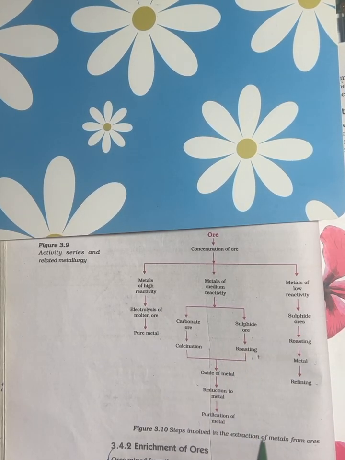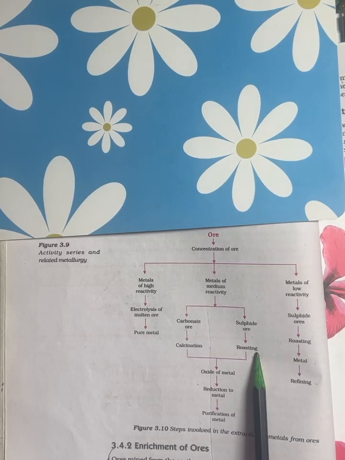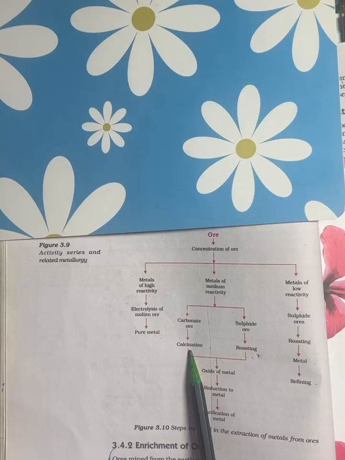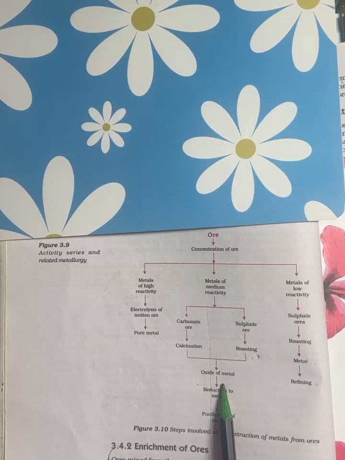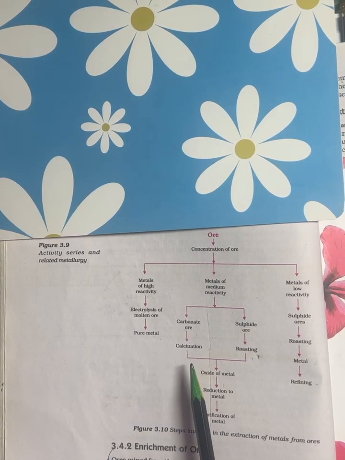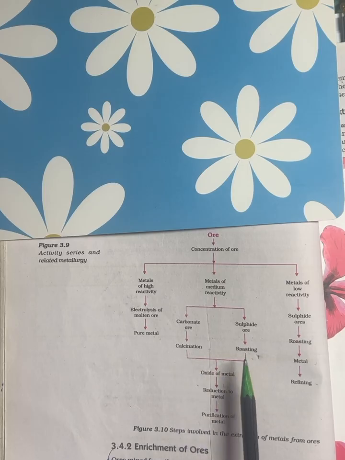The sulfide ore is converted into its oxide by heating strongly in the presence of excess air, that is known as roasting. And the carbonate ore is changed into its oxide by heating strongly in a limited supply of air, that is known as calcination.